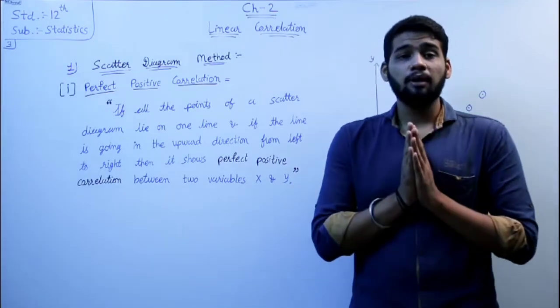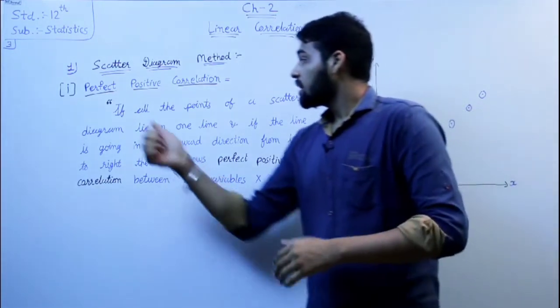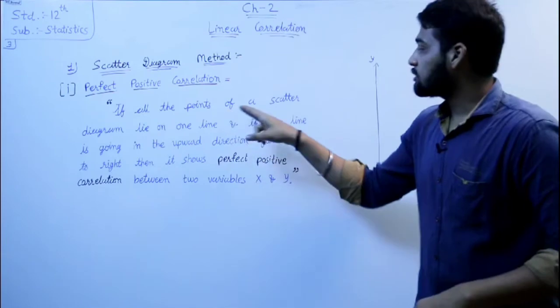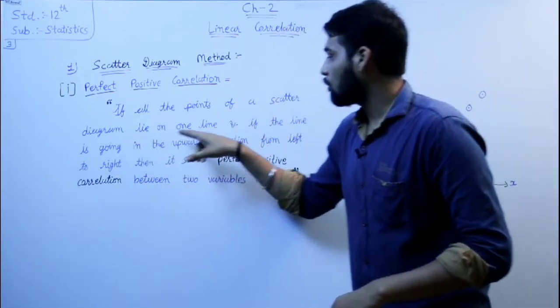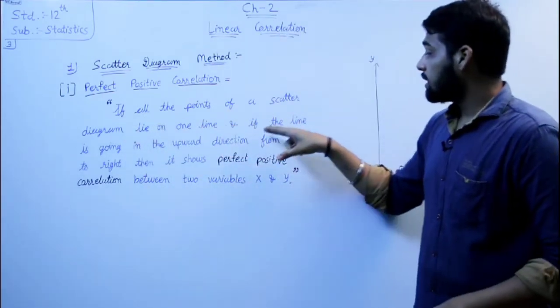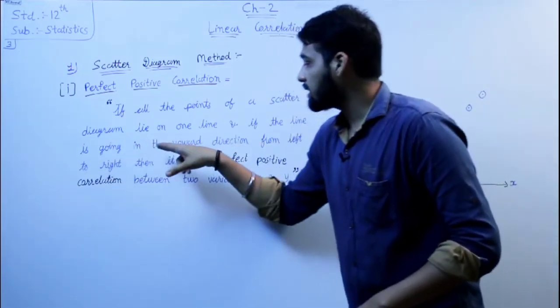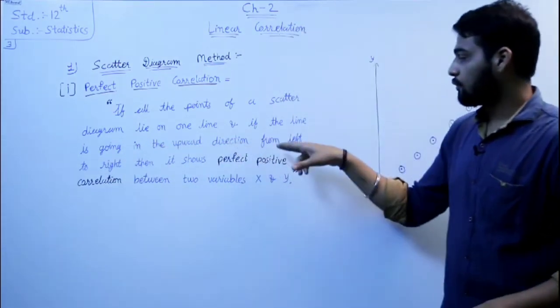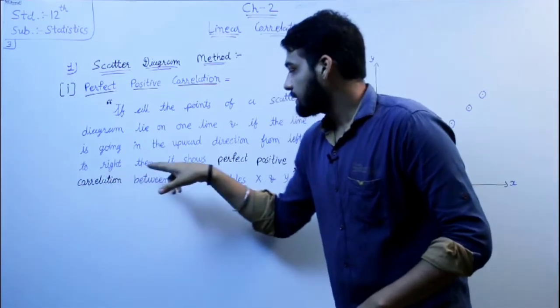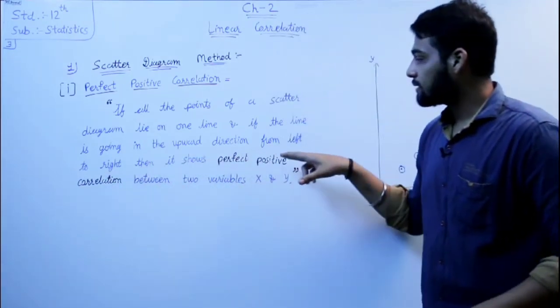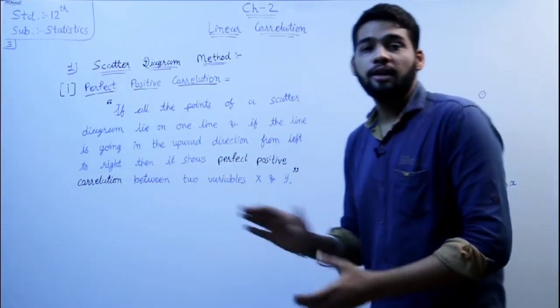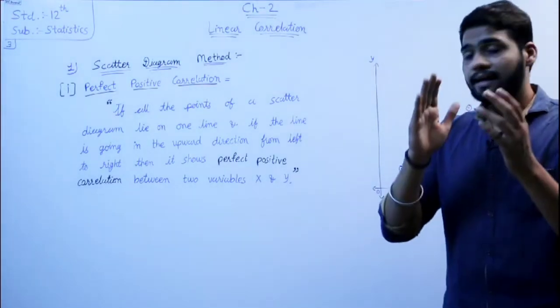If all the points of a scatter diagram lie on one line, and the line is going in the upward direction from left to right, then there is perfect positive correlation between variables x and y.